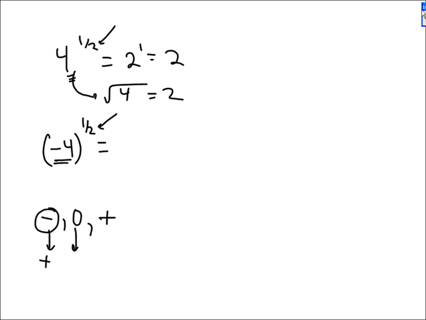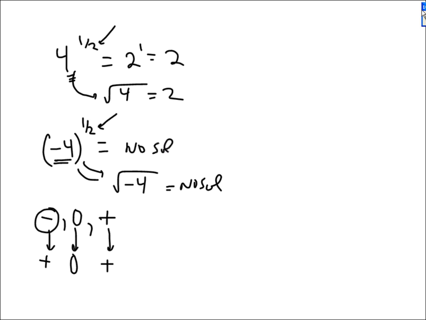If you multiply 0 by itself 2 times, you'll get 0. If you multiply any positive number by itself 2 times, you will get back a positive number. You never get back a negative number. There's no solution. You cannot take the square root of a negative number.